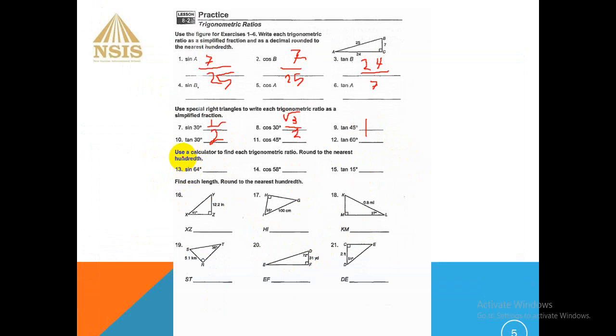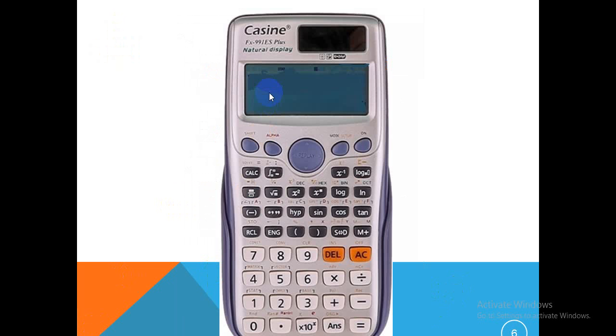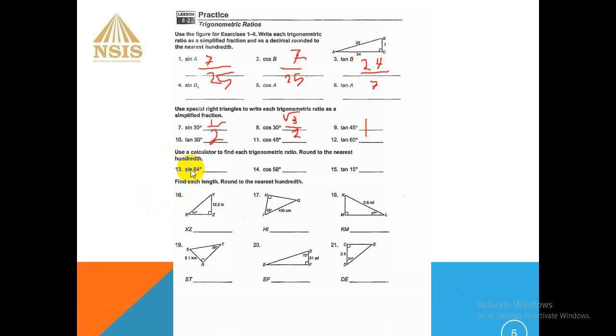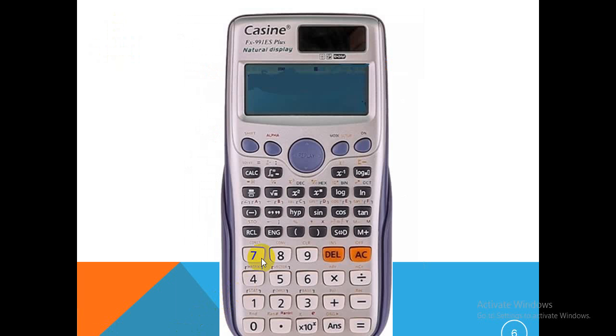Here he is telling me to use a calculator to solve sine 64. How are you going to solve this one? We're going to solve it with our calculator. You must bring this type, fx 991. He wants sine 64.